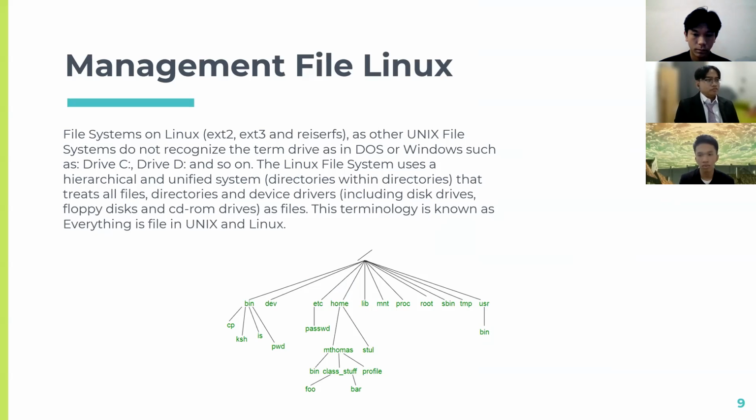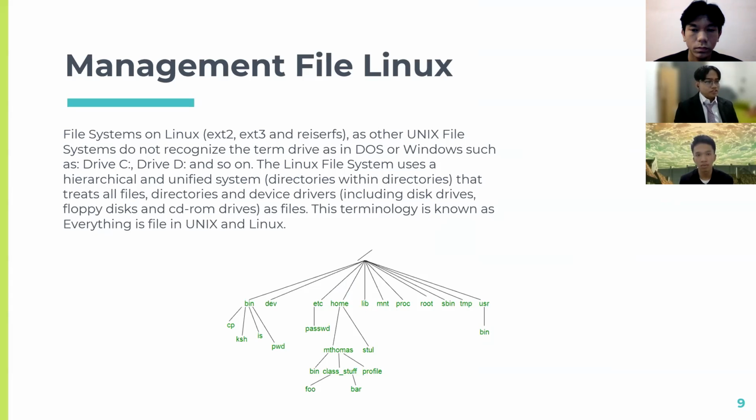So, the file management system on Linux, like other Unix file systems, does not recognize the term drive as in DOS or Windows, such as drive C, drive D, and so on. The Linux file system uses a hierarchical and unified system that treats all files, directories, and device drivers, including disk drives, floppy disk, and CD-ROM drive, as files.